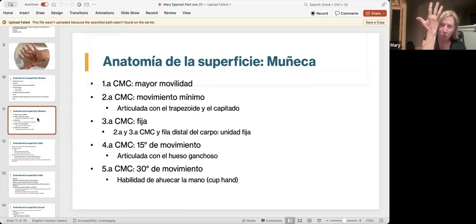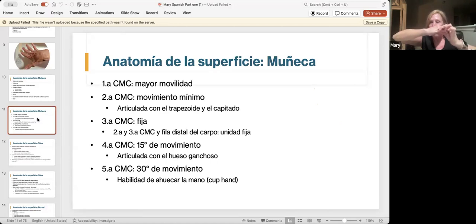We're going to talk about the dorsal compartments and the CMC joints. The first CMC joint is the most mobile joint, and that's the base joint of the thumb, very mobile. The second CMC joint for the index finger and the third don't really move, but the fourth and the fifth move. This is my wrist flexing, but this is my fifth metacarpal.